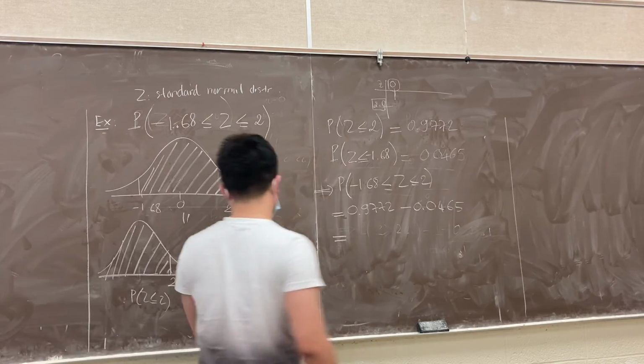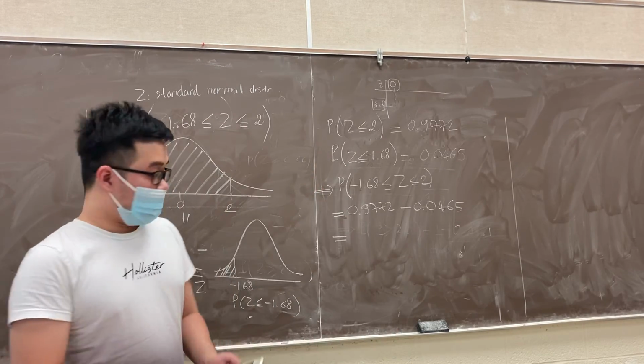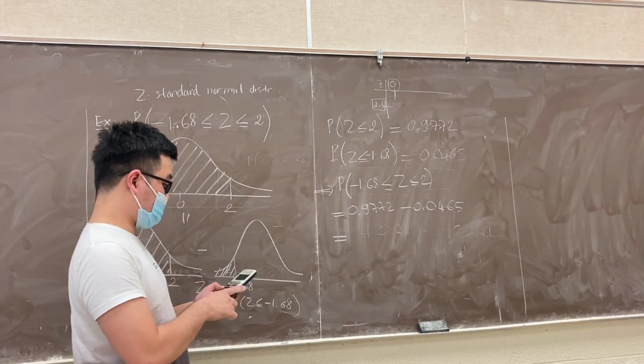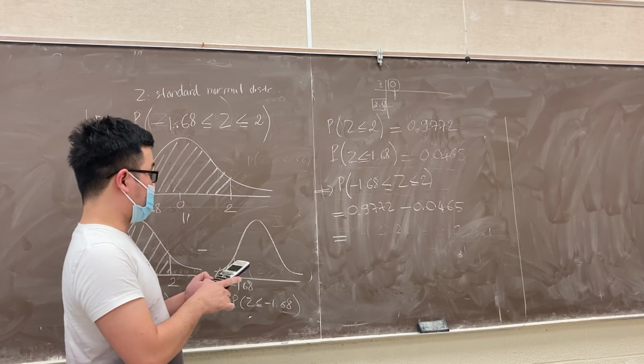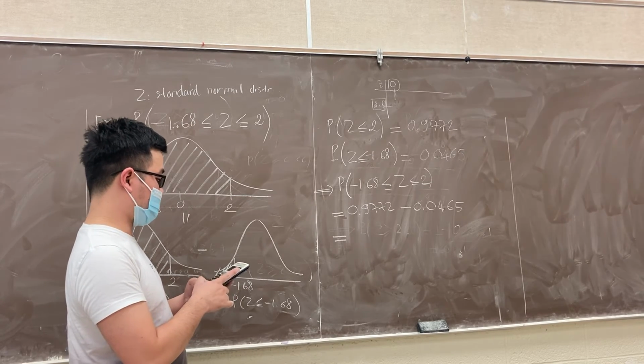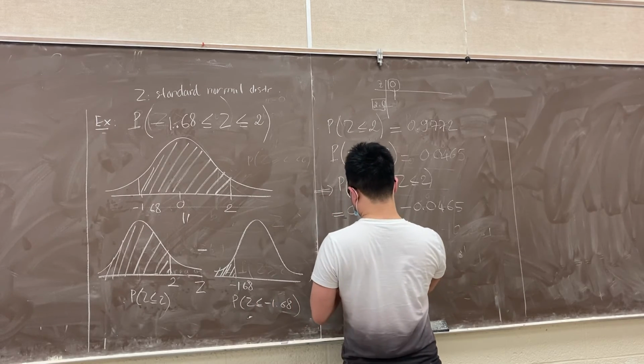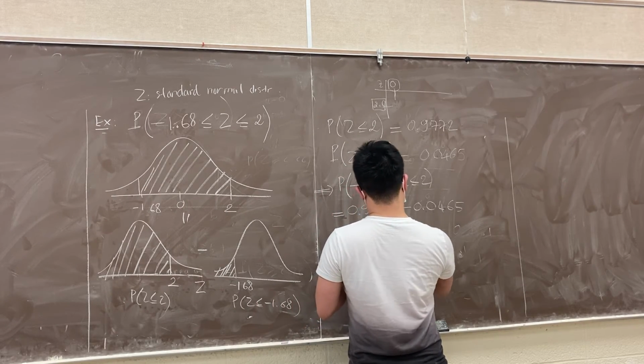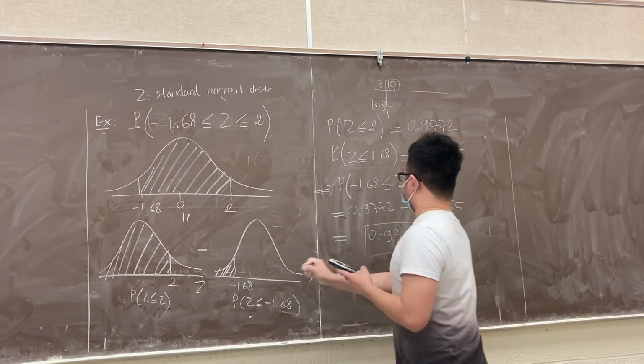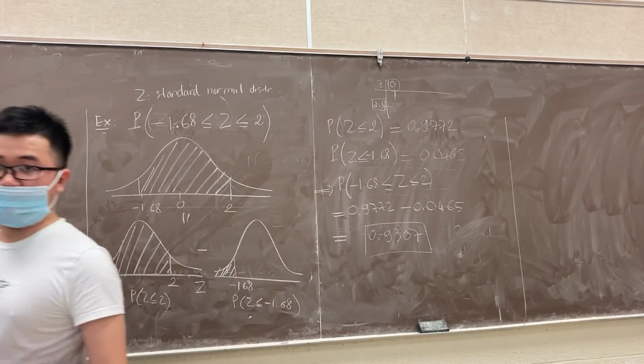So it is 0.9772 minus this number, so it is 0.9307. Any question about this?